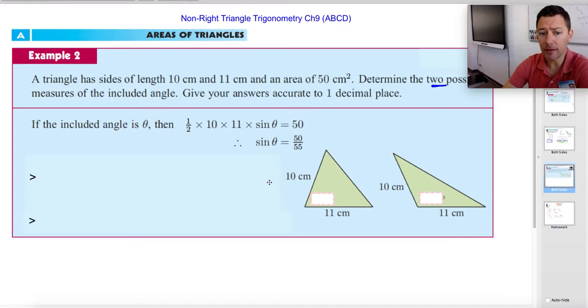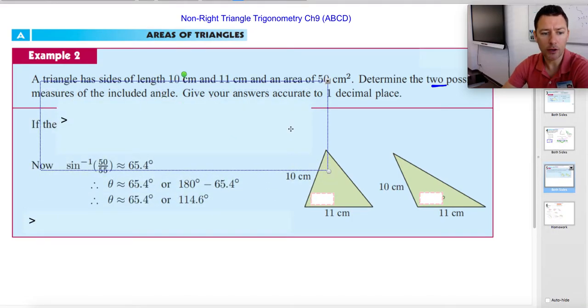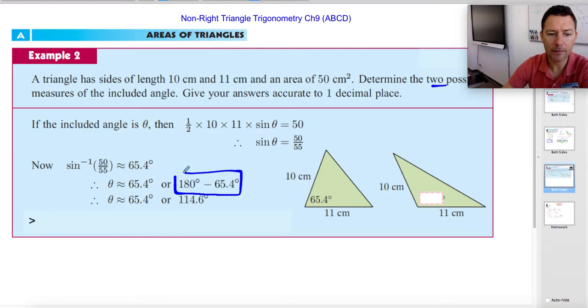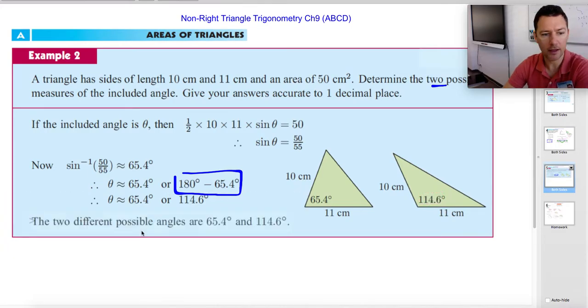And if you take the inverse sine, you get 65.4, and that's fine. That works for this one. But the other one is always going to be 180 minus that, right? So the other angle is 114.6.